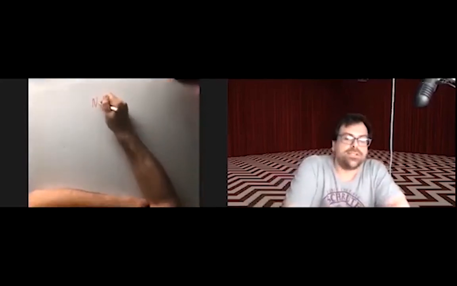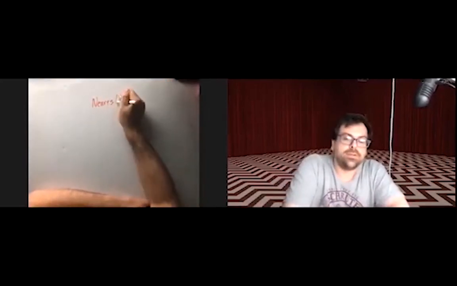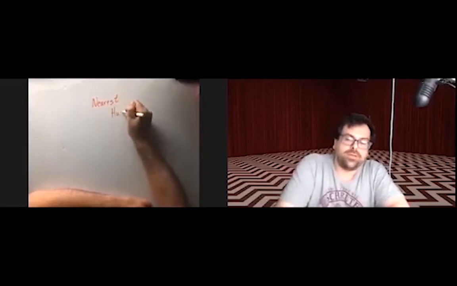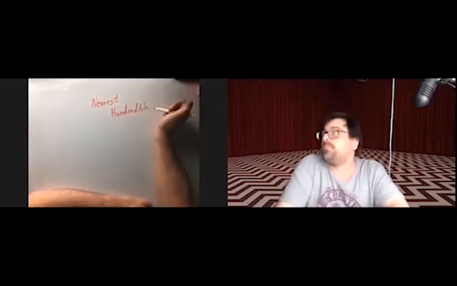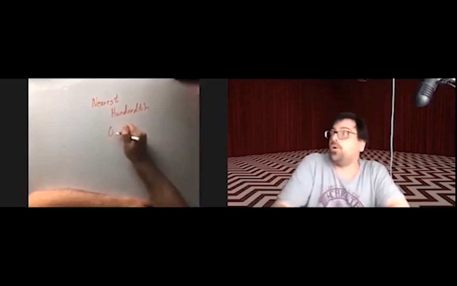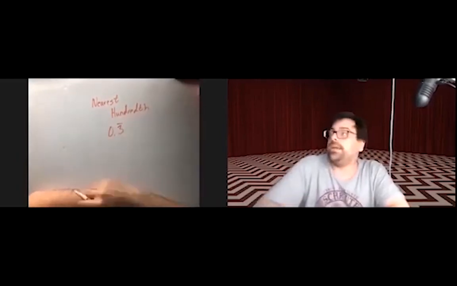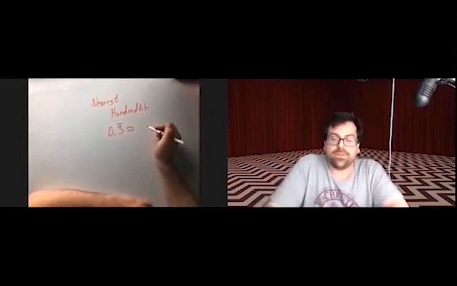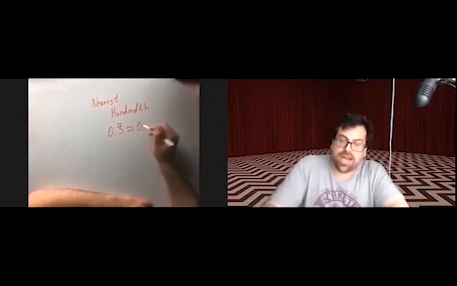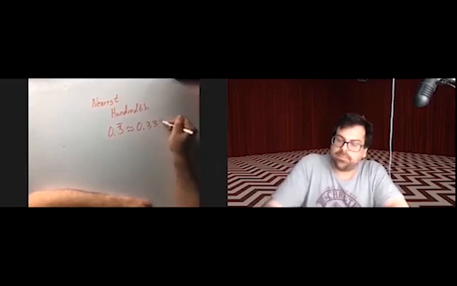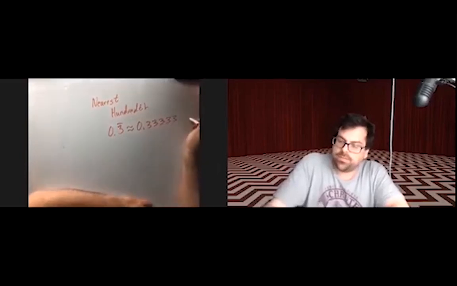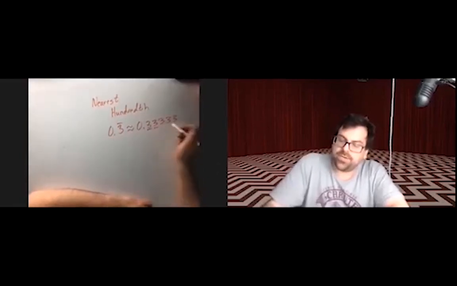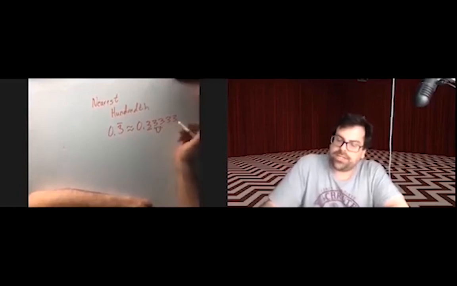Round to the nearest hundredth. 0.3 with a repeating bar over the 3 is about what? Well, if we start actually writing out the repeating part, tenths, hundredths, look to the right.